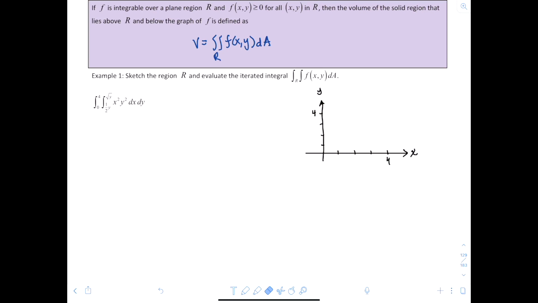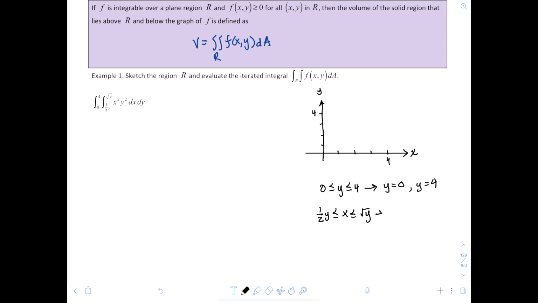So when we have 0 less than or equal to y less than or equal to 4, our boundaries are y is 0 and y is 4. The other one we have is 1/2 y less than or equal to x less than or equal to the square root of y, right?